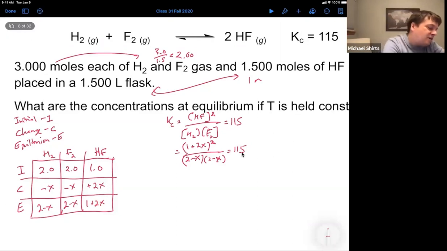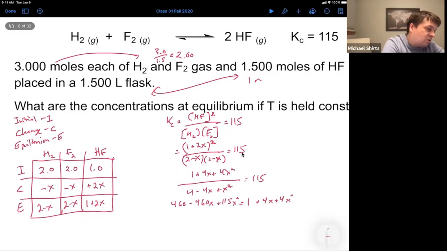Multiplying this out, we get 1 plus 4x plus 4x squared on top, and on the bottom, 4 minus 4x plus x squared, equals 115. Then we multiply both sides by the denominator of the left side, and we get 460 minus 460x plus 115x squared is equal to 1 plus 4x plus 4x squared.